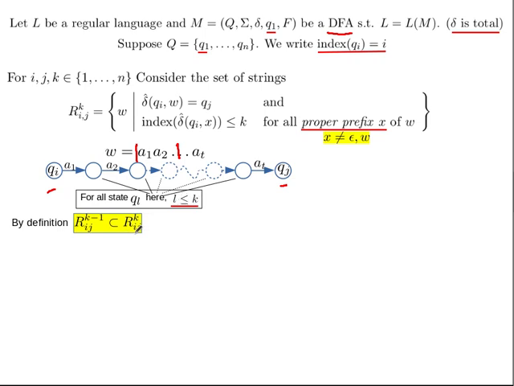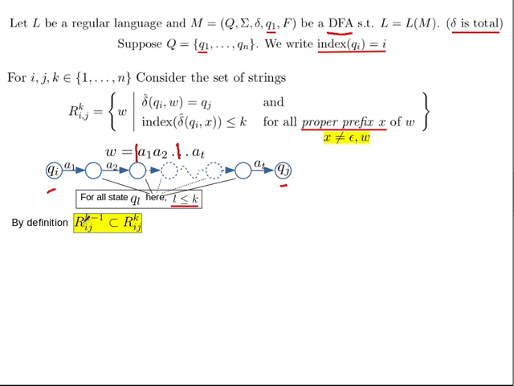And the initial state and final state are the same here, i and j. So here are all the strings for which the path doesn't contain any intermediate state with index more than k minus 1. Here it doesn't contain anything more than k. So this is trivially a subset of this one. Okay. But this can be a strict superset, right?